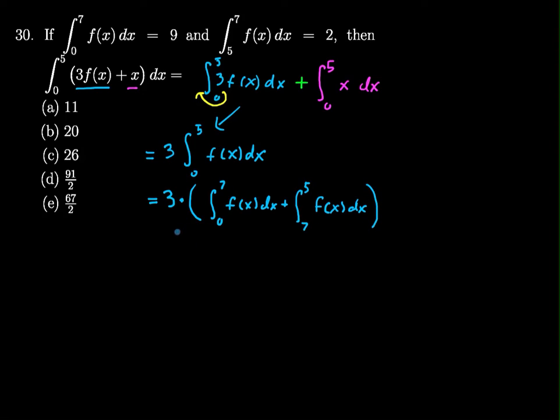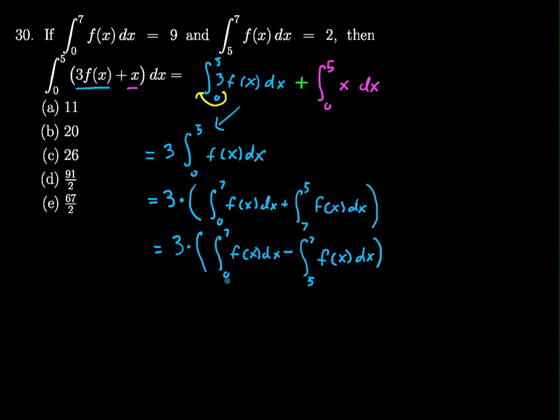And you can also look at this as 3 multiplied by the integral from 0 to 7 of f of x dx minus the integral from 5 to 7 of f of x dx.